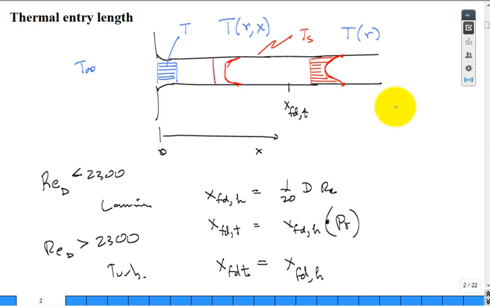What I'm going to do now is talk about pipes that have itty-bitty entrance regions. We're now just going to talk about when it's fully developed. A lot easier, because once we have mastered what's happening when it's fully developed, we could possibly go back, if time permits, and talk about the mixing of the entrance plus developed flow.